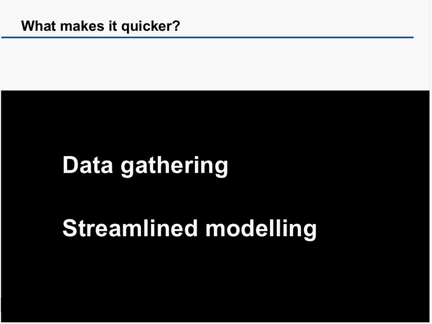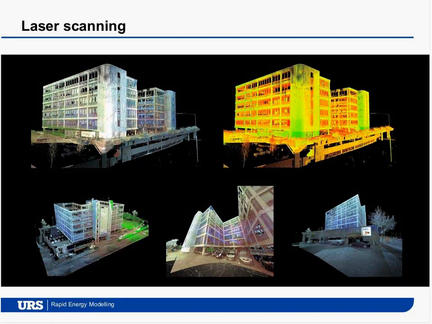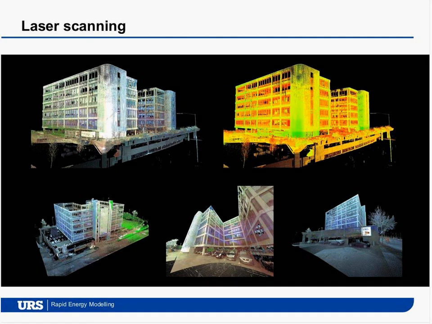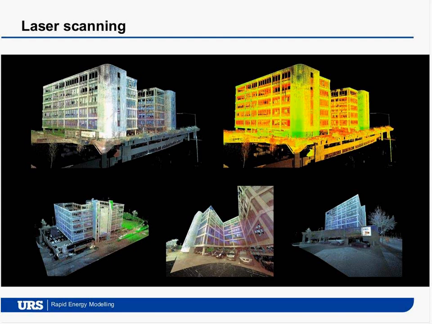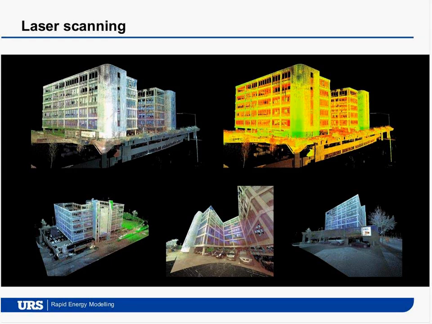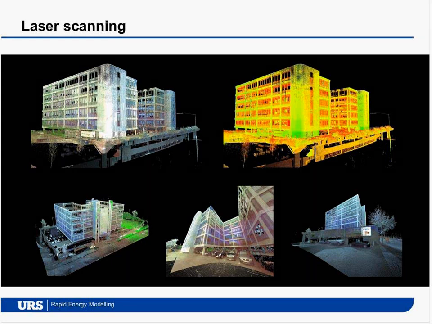So we do that from drawings if they're available. Sometimes we find that they're not. So we've developed a few other approaches. One is laser scanning. We have a dedicated laser scanning team, and they produce very detailed high-resolution scans, which can be fed straight into the 3D software.